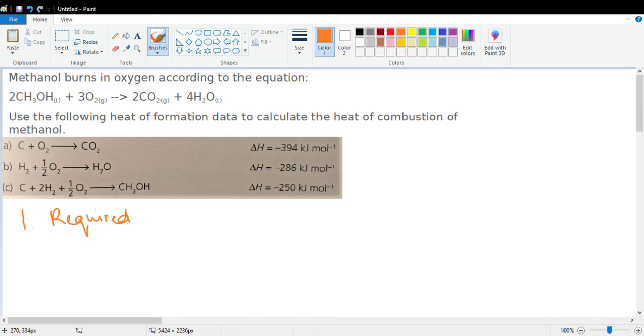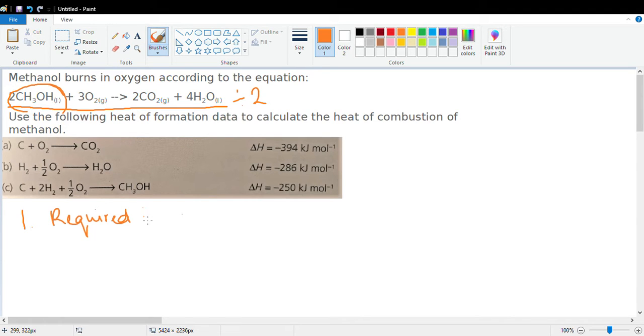Now, sometimes you'll be asked to work this out yourself. In this case, they've given you the equation for methanol burning in oxygen, but what they haven't given you is the correct one that you need for this calculation, because as we just said, the heat of combustion is when 1 mole of a substance is burned in oxygen. Here we've got 2 moles. So we need to divide this by 2 to get the heat of combustion equation.